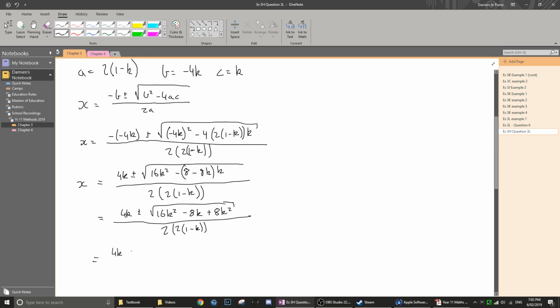You might notice 16, we might be able to do something with that, but we've got the 8 over there, so we're not going to use surd laws to try and simplify this surd down. It'll stay a surd in the answer. We had 16k squared plus the 8k squared, so we've got 24k squared minus 8k all over 2(1 minus k).